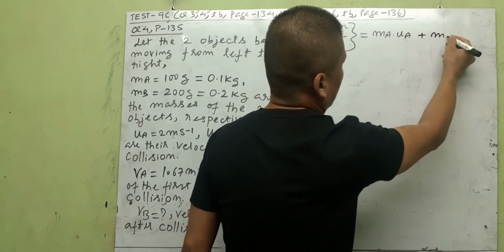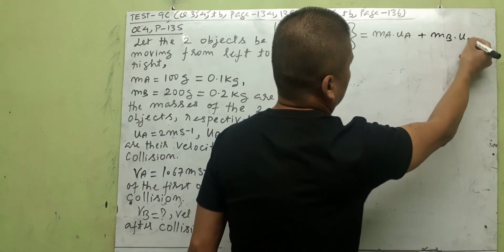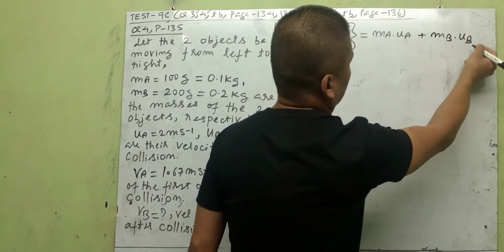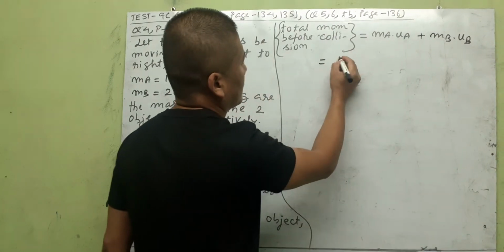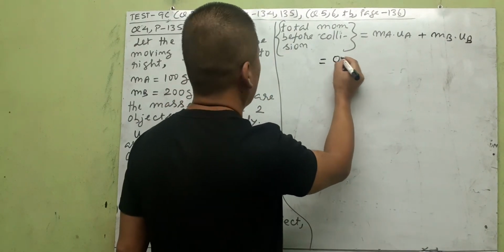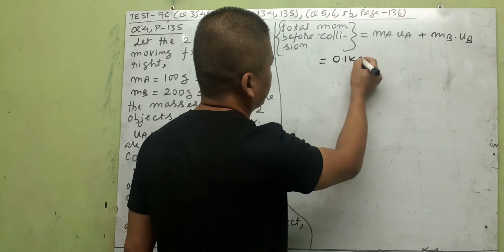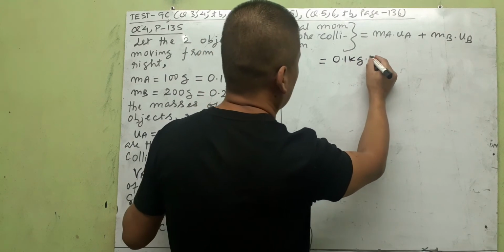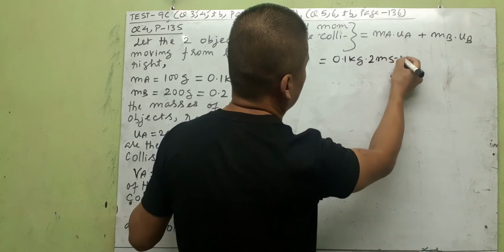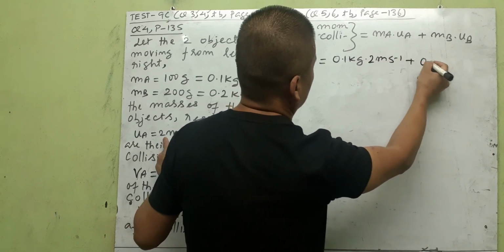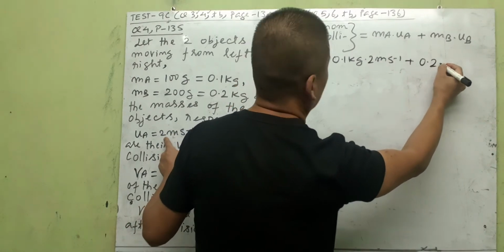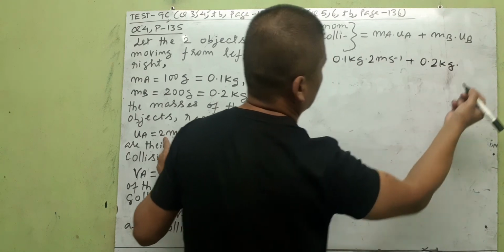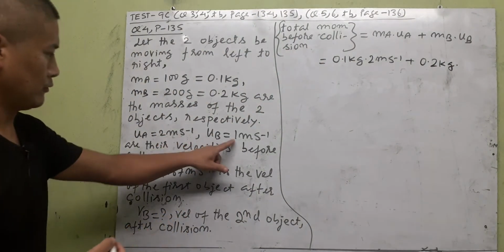So that will be equal to the mass of the first object, 0.1 kg into UA, 2 meter per second, plus the second object, 0.2 kg into UB, 1 meter per second.